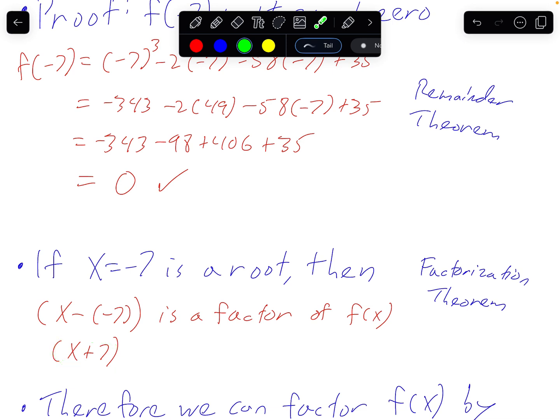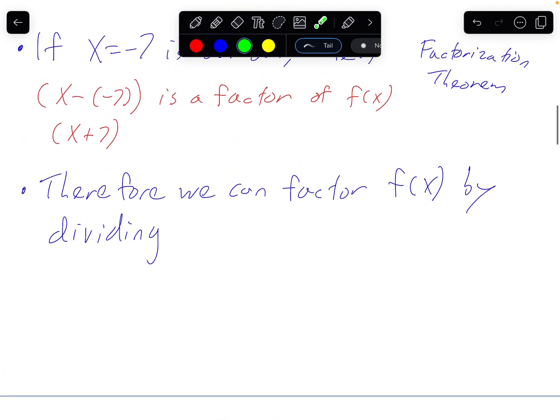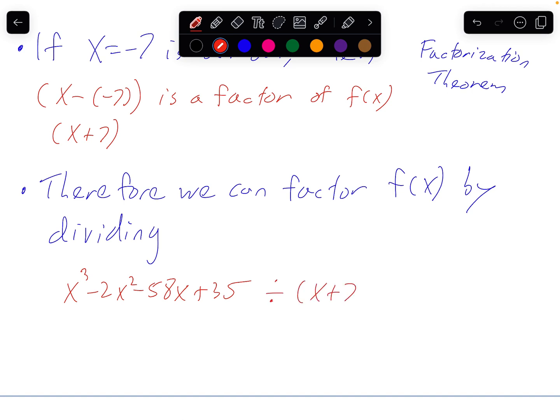How does that help us? Knowing that x plus 7 is a factor, that means we can take x to the third minus 2x squared minus 58x plus 35, our original f of x polynomial, and we could divide by this factor x plus 7.